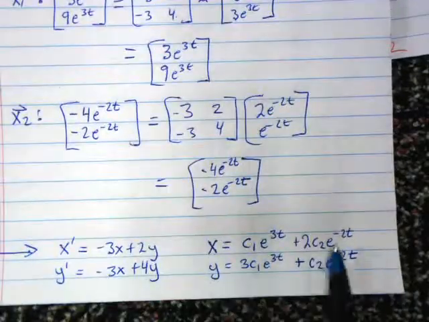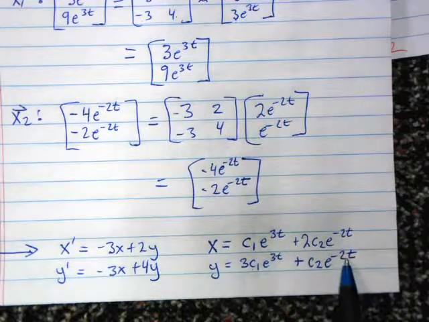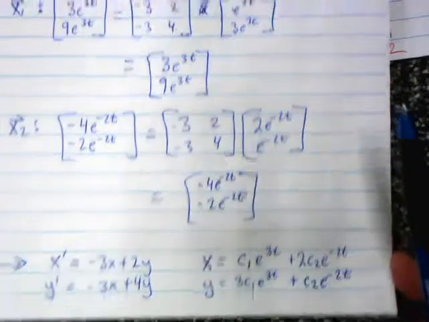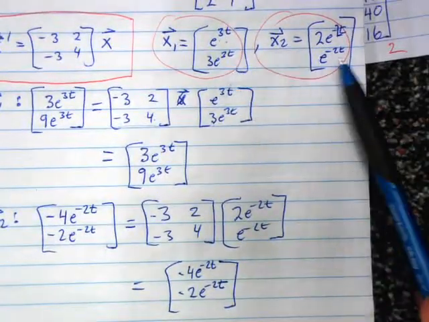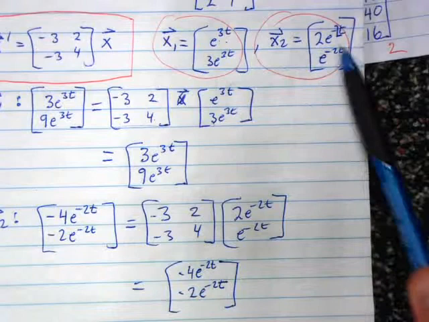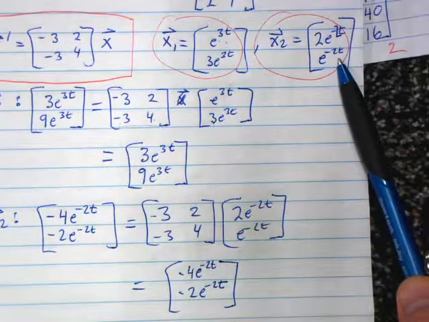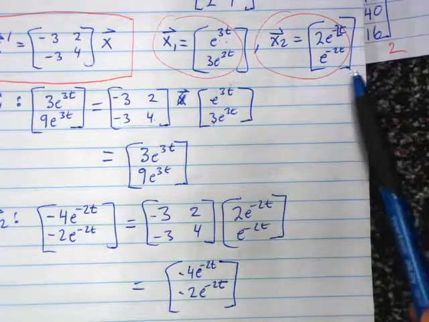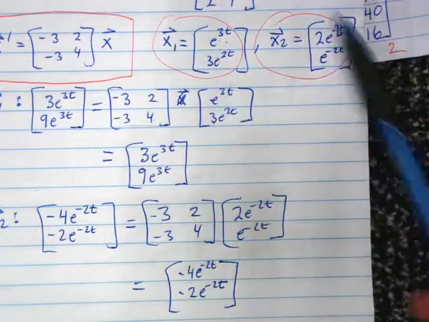But we need to be careful. When we find our two vector solutions, what do we need them to be? We need them independent. And how do you determine if they are linearly independent? You use a Wronskian. So we need to talk about what's a Wronskian for two vectors.